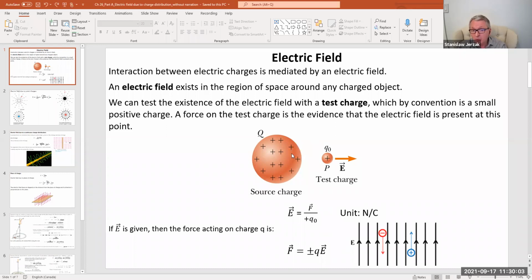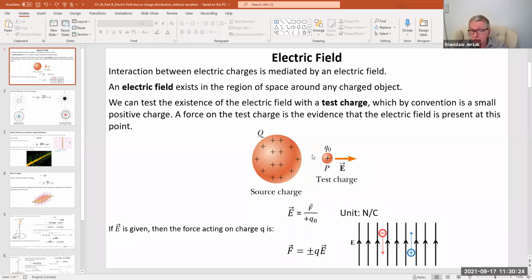And when we put another charge into that electric field, then there is a force acting on that charge. Like here, let's say that capital Q produces electric field all around, and we put positive charge Q0, we call it a test charge, then there will be a force acting on it.